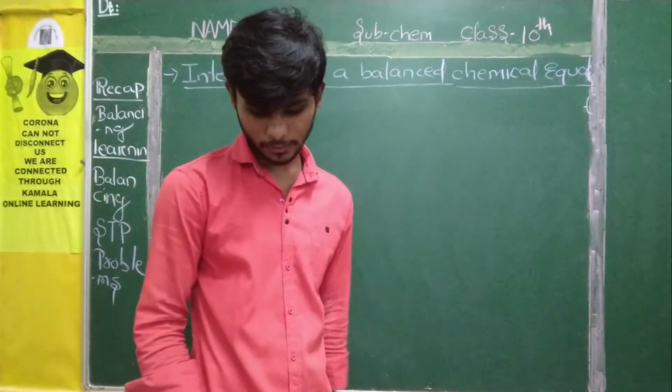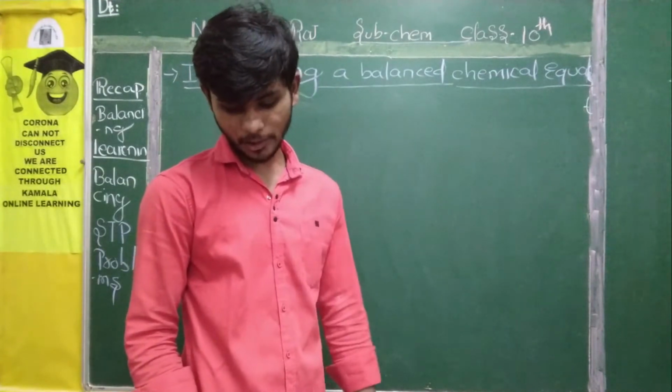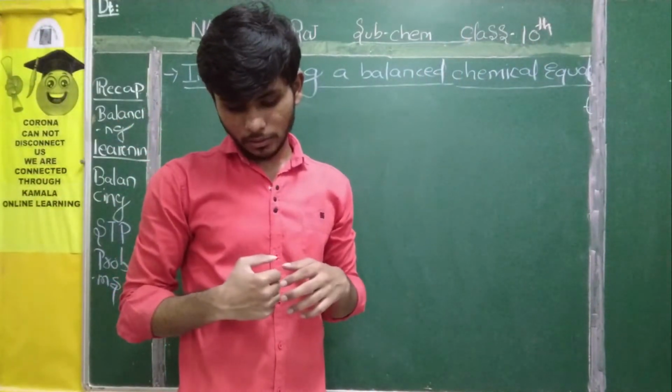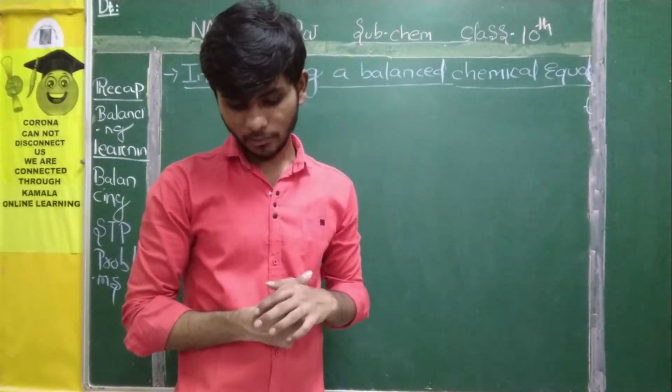A question gave: calculate the amount of aluminum required to get 1120 kg of iron by the above reaction.